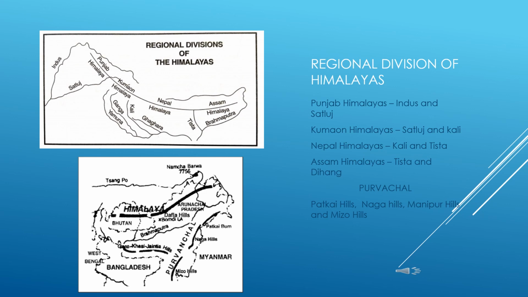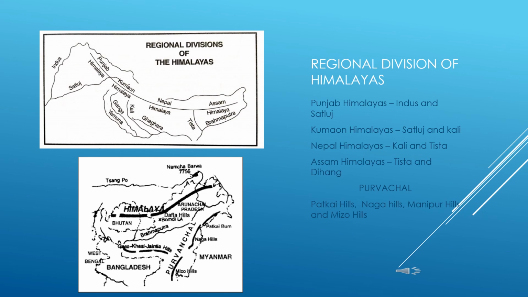Beyond the Dihang Gorge, the Himalayas bend sharply to the south and spread along the eastern boundary of India. They are known as Purvanchal, or the eastern hills and mountains. These hills running through the northeastern states are mostly composed of strong sandstones, which are sedimentary rocks.